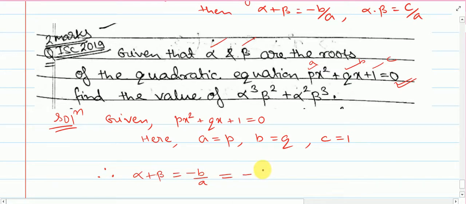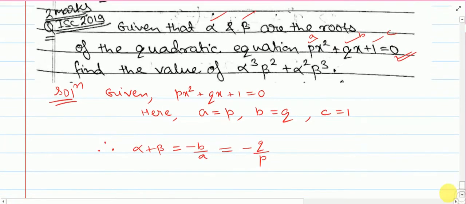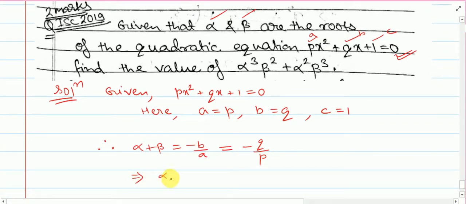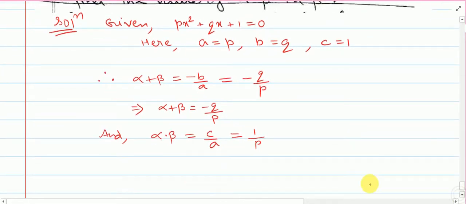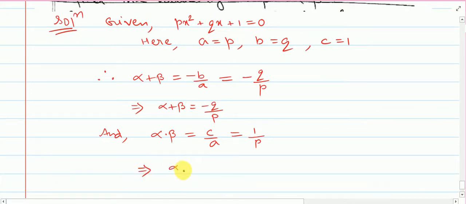Here b is q, so we'll put -q/p. So this implies alpha plus beta is equal to -q/p, and the product of the roots, that means alpha into beta, will be c/a. Here c is 1 and a is p, so this implies alpha into beta is 1/p.